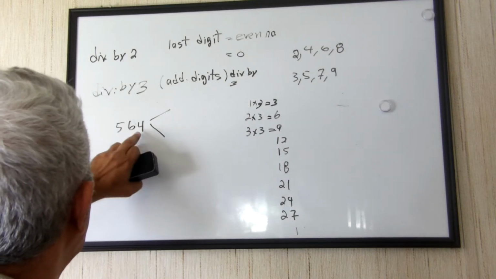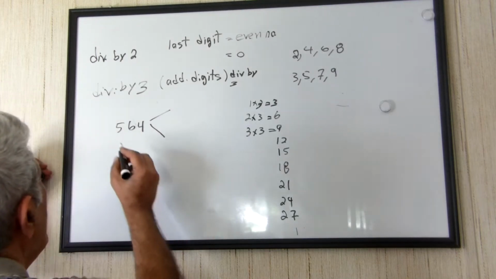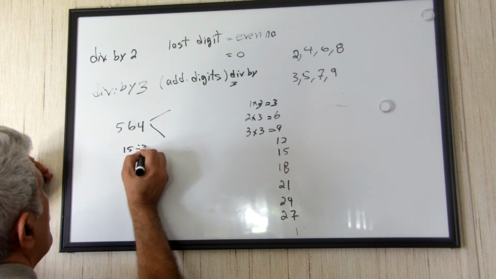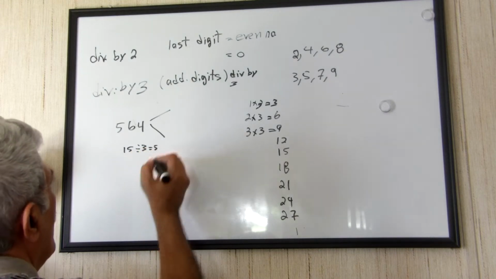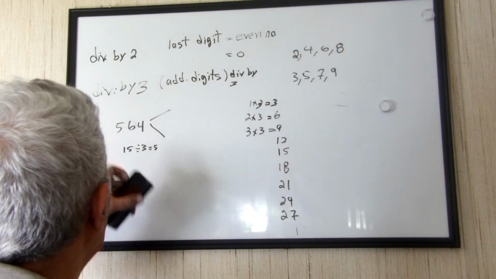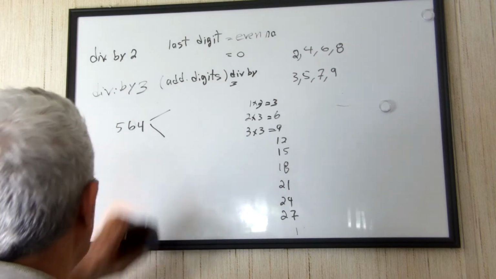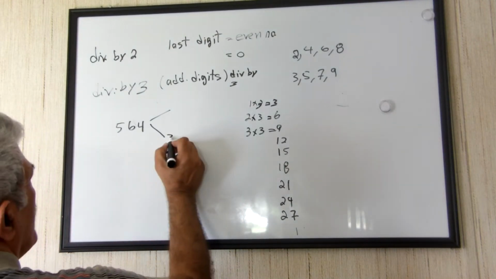Why 3? Because if you add 6 plus 4 is 10, 10 plus 5 is 15. 15 is divisible by 3. So if you add these digits, you get 15, divisible by 3 and 2.